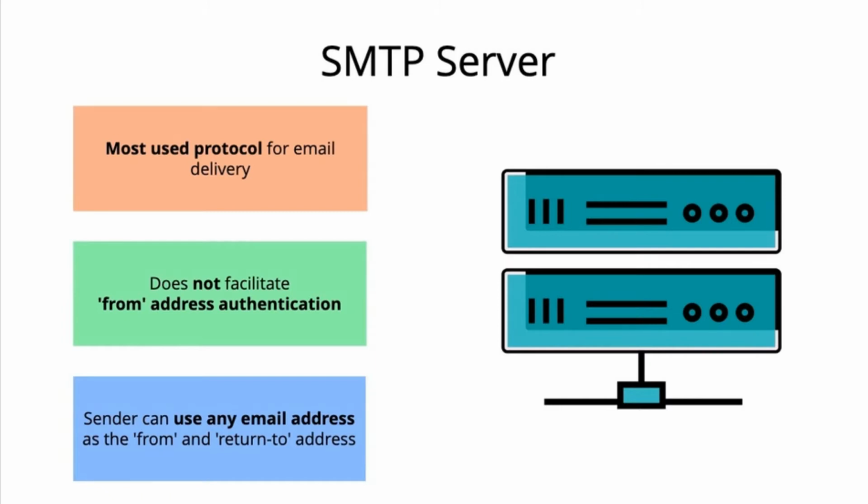There is no way for an SMTP server to authenticate an email address that is added in the from or return to field. It allows the spammer to set any email address and username that doesn't belong to them as the from address and the return to address.